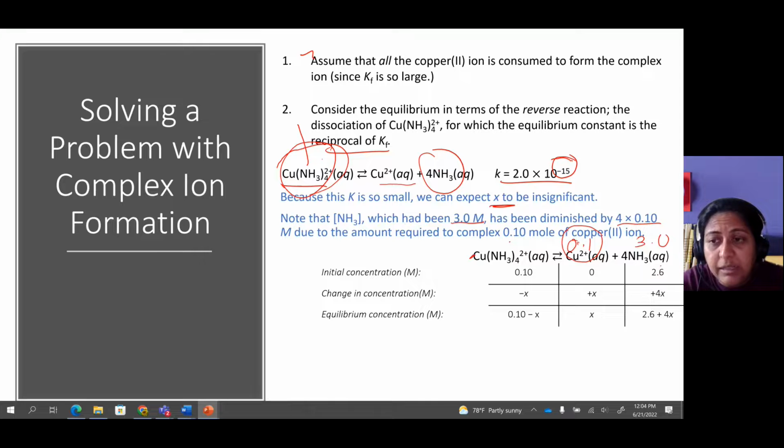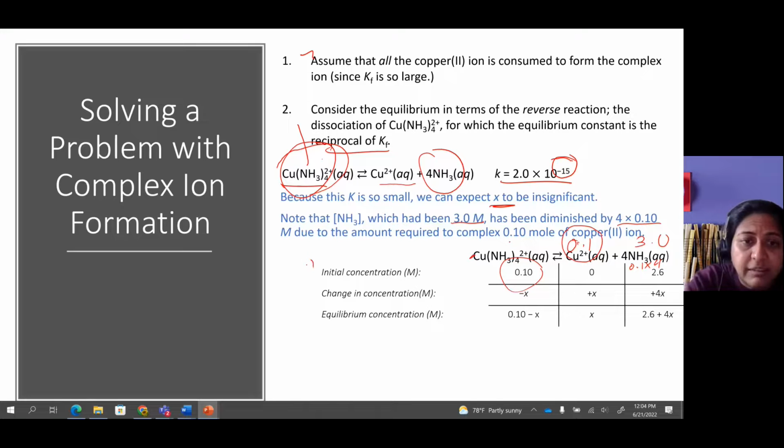It took 0.1 times 4 from ammonia to make 0.10 complex. Now we have 0.10 concentration of the complex. Then we consider the dissociation, because we need to find the free copper(II) ions.